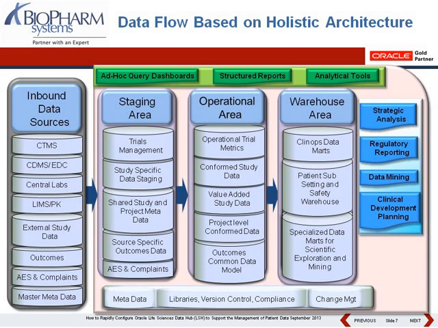So you don't need Actuate from one system and JReview for another system and SAS for another system. If you want to use OBIEE and SAS and Spotfire, those are all integrated to look at any of these areas, the staging area, the operational area, or the warehouse area.